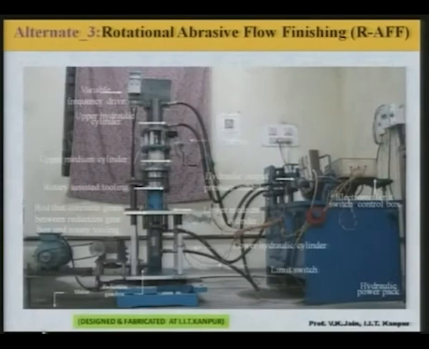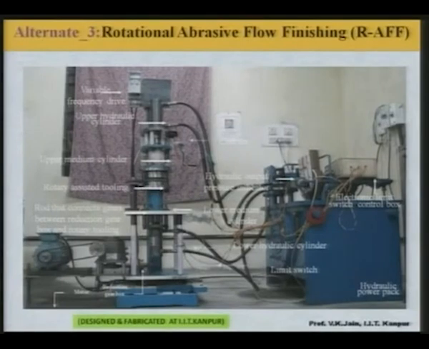An experimental setup which has been developed at IIT Kanpur is shown over here. Various elements are shown over here. As you can see here, there is a hydraulic cylinder, lower medium cylinder, workpiece, hydraulic upper cylinder, upper medium cylinder, and then the workpiece is rotated with the help of a certain mechanism that has been fabricated at IIT Kanpur.